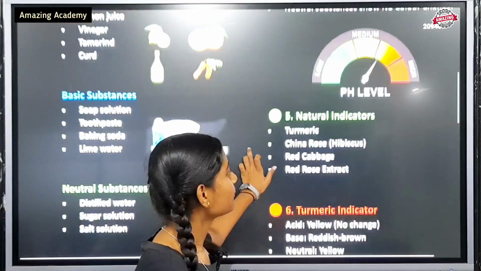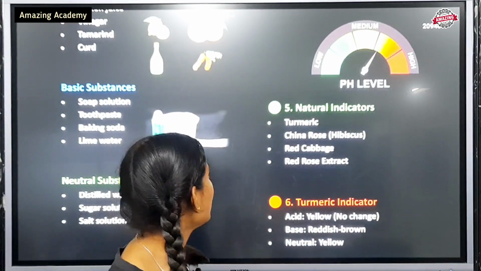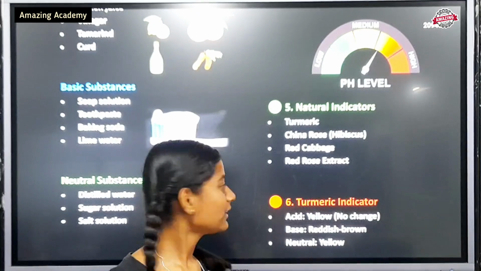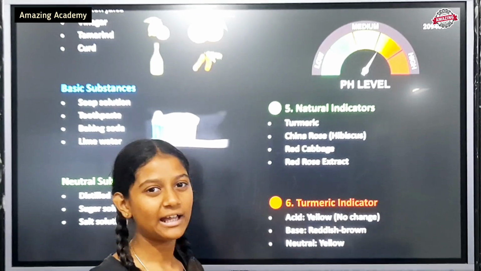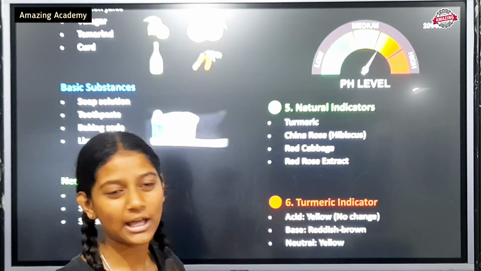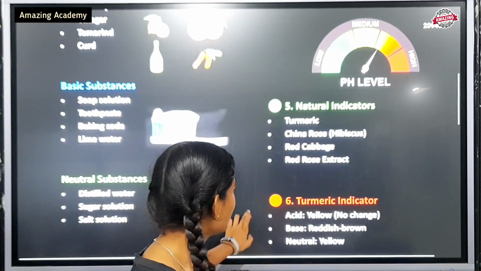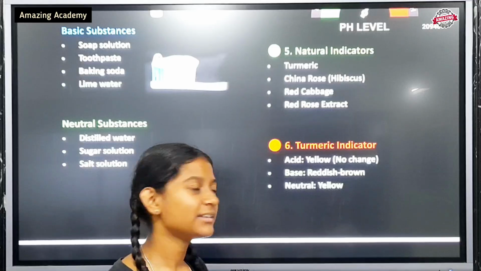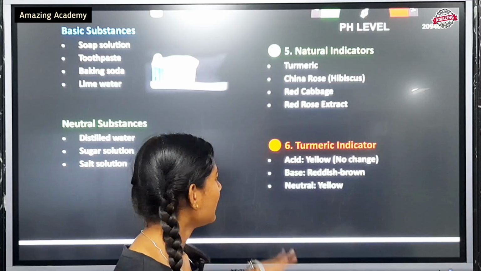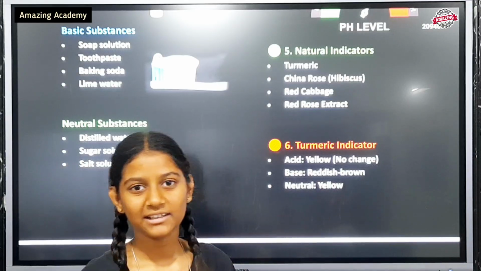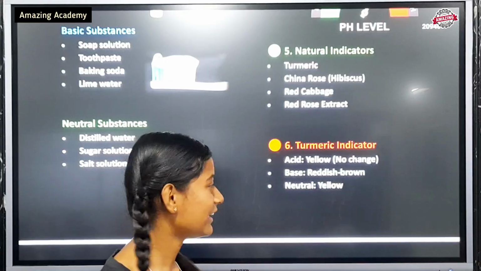Next we come to the natural indicators. Natural indicators are turmeric, China rose, which is extracted from the red rose or hibiscus, and red cabbage extract. Turmeric is generally an acid indicator.